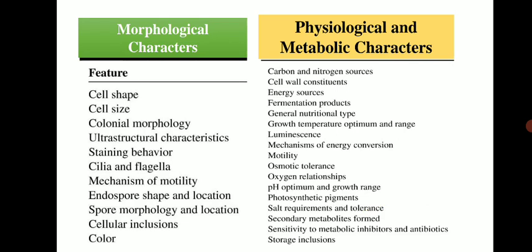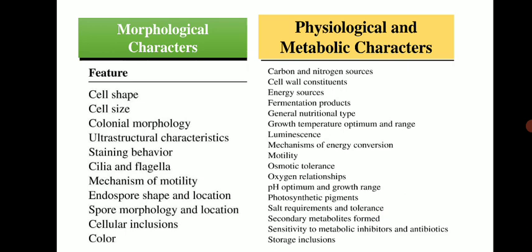Here you can see some of the morphological as well as physiological and metabolic characters of taxonomic importance. The morphological features include cell shape, cell size, colony morphology, ultrastructural characteristics, staining behavior, cilia and flagella, mechanism of motility, endospore shape as well as its location, spore morphology and its location, and cellular inclusions like PHB and color.